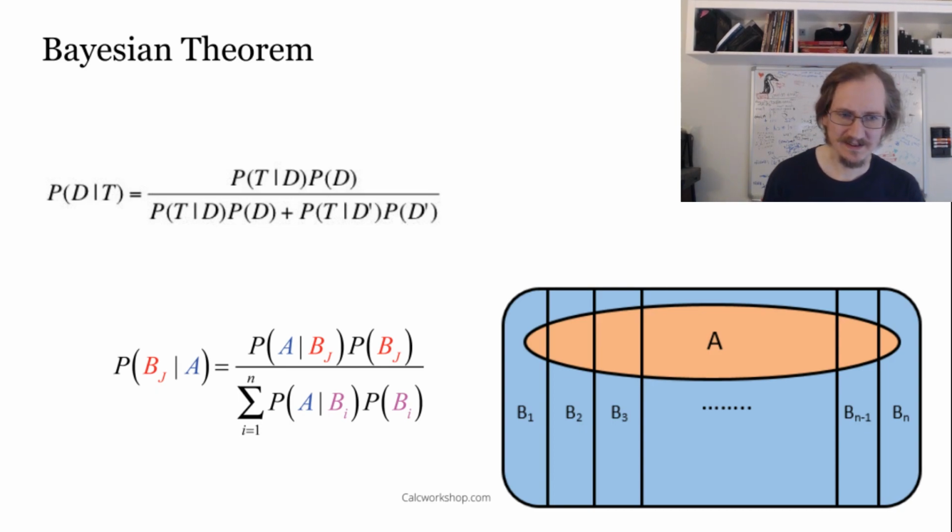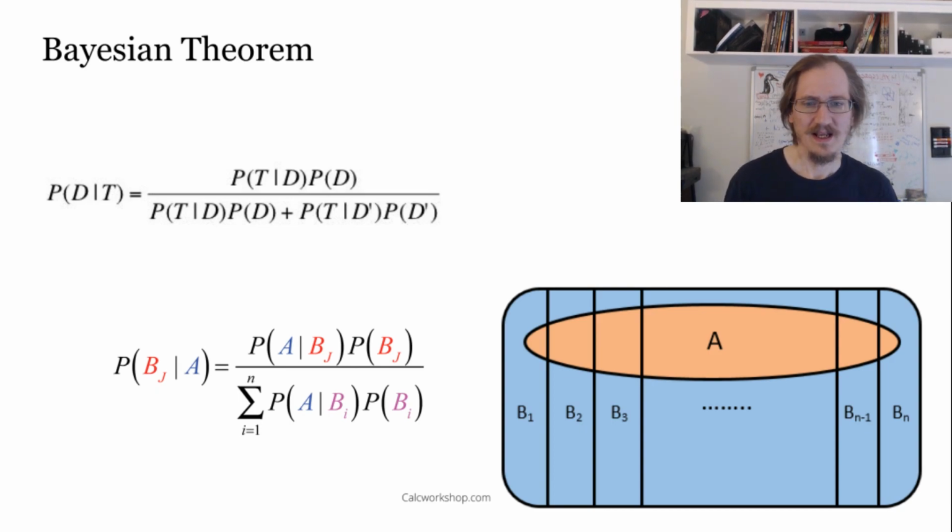And I think what you want to do here is understand that this denominator is a partition. And we can ask, what's the probability that any one of these situations occurred? Like the probability of B2 occurring given A? So if A is true, then we know the probability of BJ occurring is going to be the reverse.